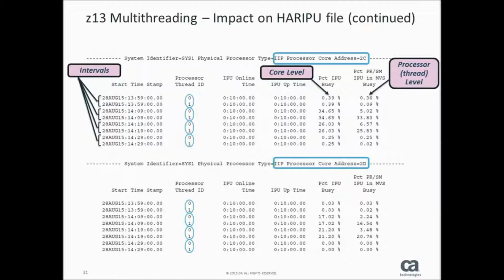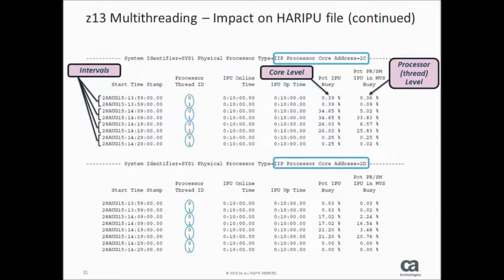The percent IPU busy is the dispatch time that the core was dispatched. In both cases, it was 0.39% busy, meaning it was dispatched during the 10-minute interval 0.39% of the time. But the final value is this, from z/OS's perspective: how busy the thread was.